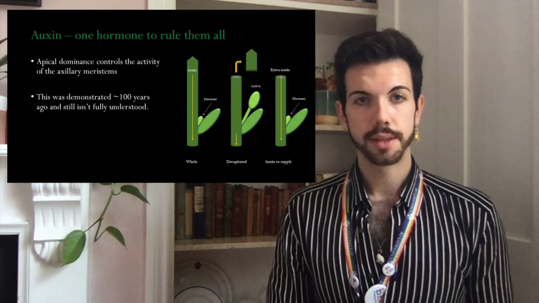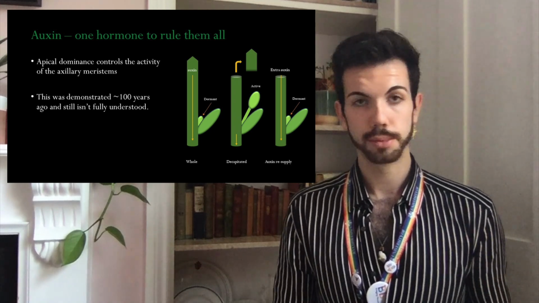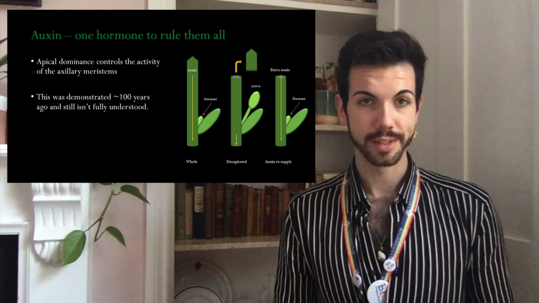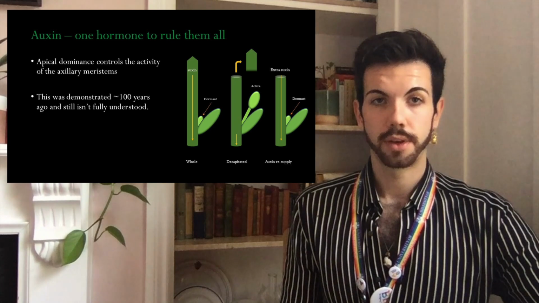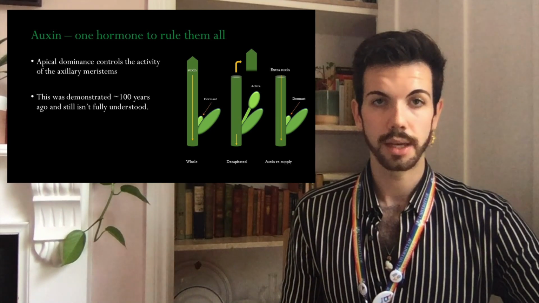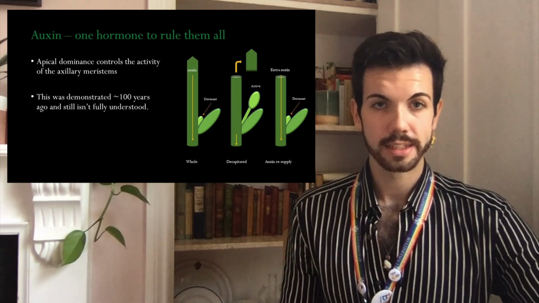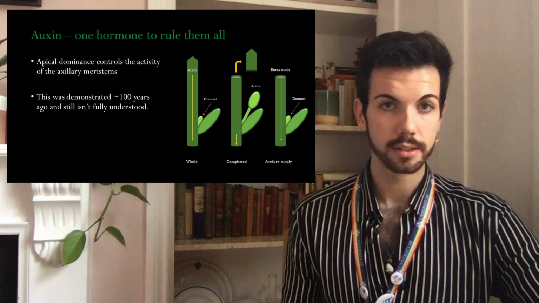And the thing that controls whether they're active or dormant appears to be a hormone called Auxin. It was first noticed around 100 years ago that this phenomenon existed, known as apical dominance. This was noticed by Sachs, who's a giant in our field.